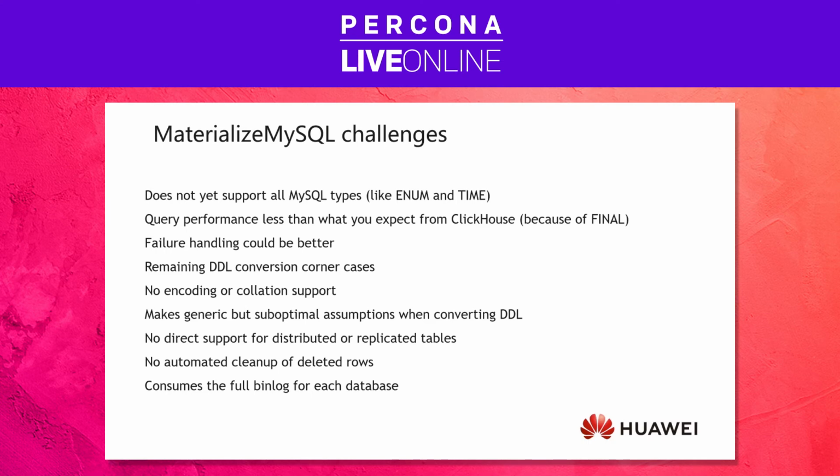There's also no support for distributed or replicated tables for ClickHouse, and rows that are deleted are just hidden from your queries, but they still consume disk space. So if you have a table where you have a lot of short-lived rows, that is going to cause storage to keep increasing. So that has to be addressed manually.